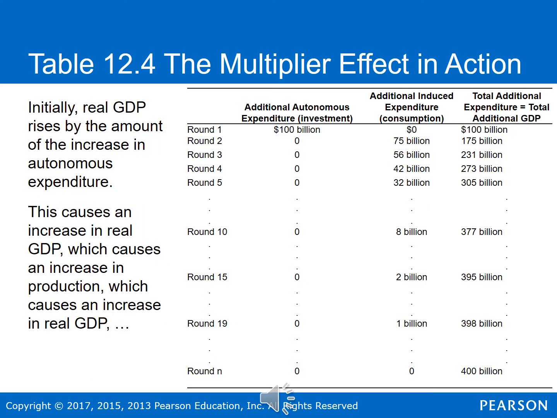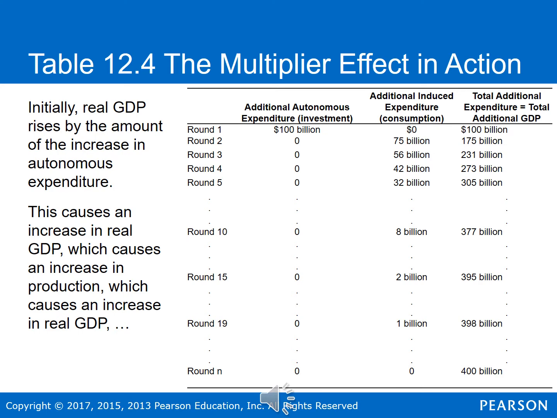All right, so let's work through what's actually happening and take an example to look at the multiplier effect in action. Let's suppose the $100 billion of increased investment in the previous example on the last two slides consists entirely of firms building additional factories and office buildings. So this $100 billion of investment is going to cause the construction of factories and office buildings to increase by $100 billion.